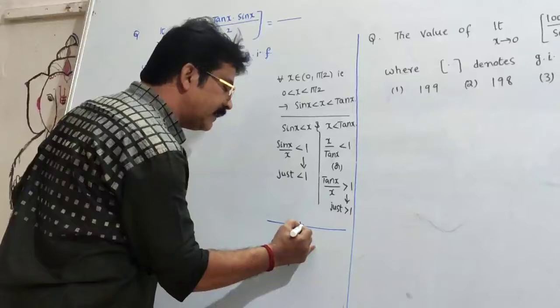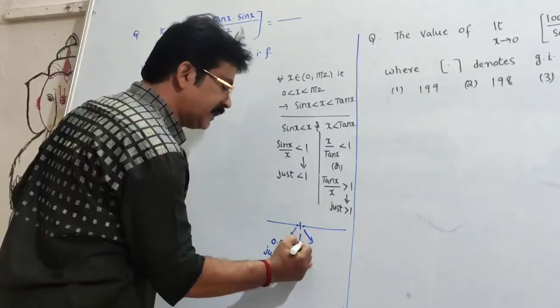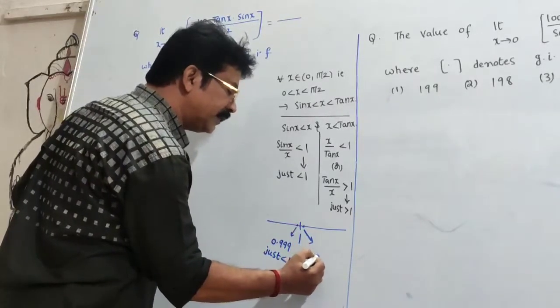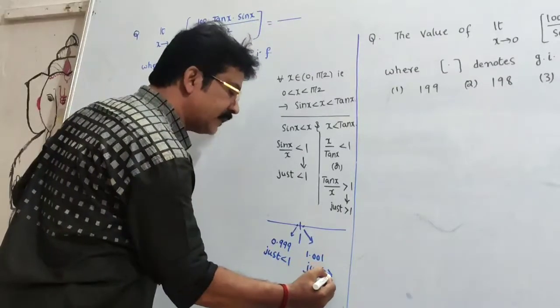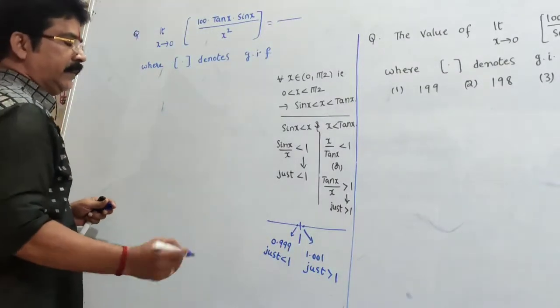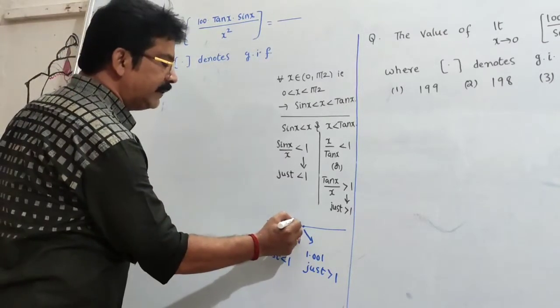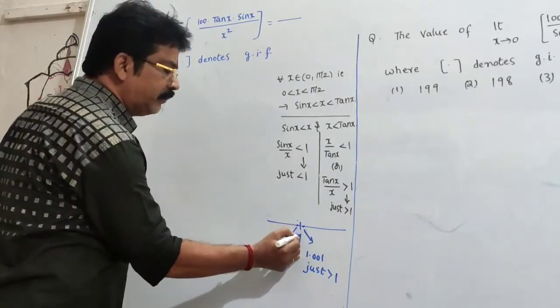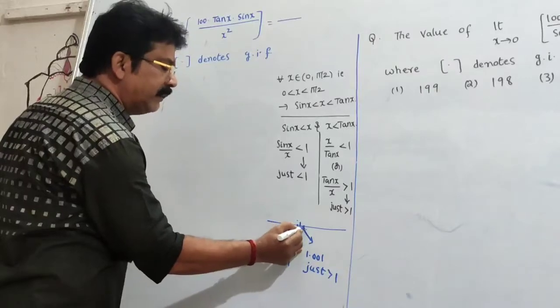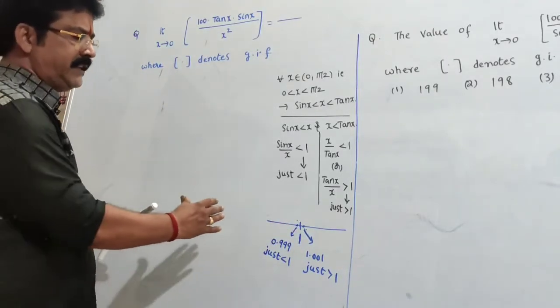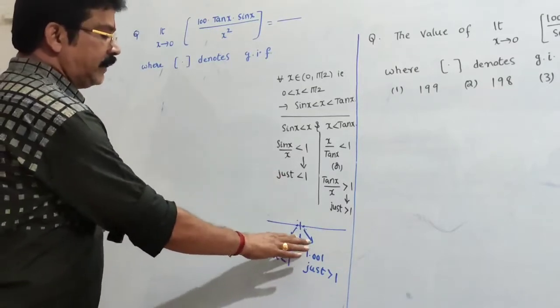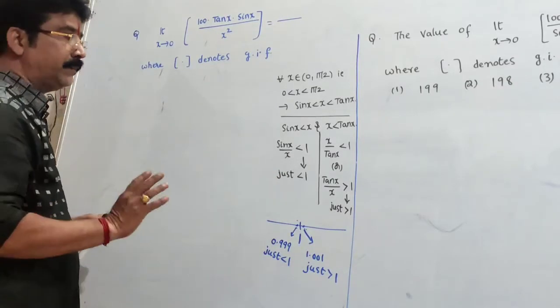Next, this one is just greater than 1, for example 1.001. Just greater than 1 means this area is the neighborhood of 1. It is called the neighborhood of the point 1. Neighborhood means very near value, but not 1. That is the complete meaning.